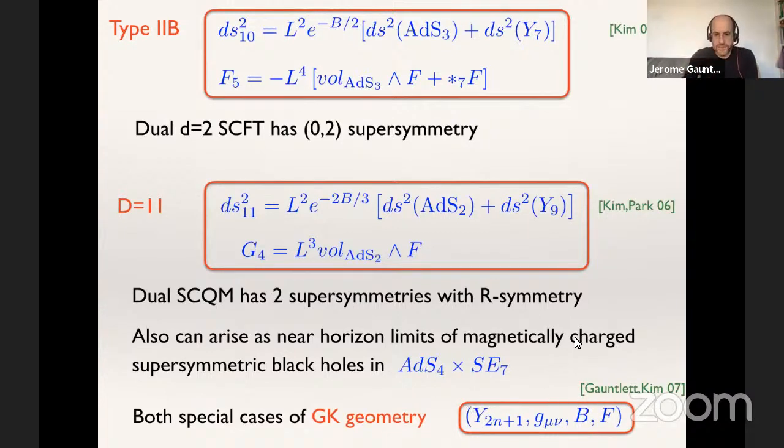Here we had to see what they had in common and then generalize it to arbitrary odd dimensions. Okay, so that's the class of geometries we're interested in. And in both cases, the flux is not the most general flux you could switch on, but it's a class of fluxes that is still extremely rich and is what we'll be focusing on.